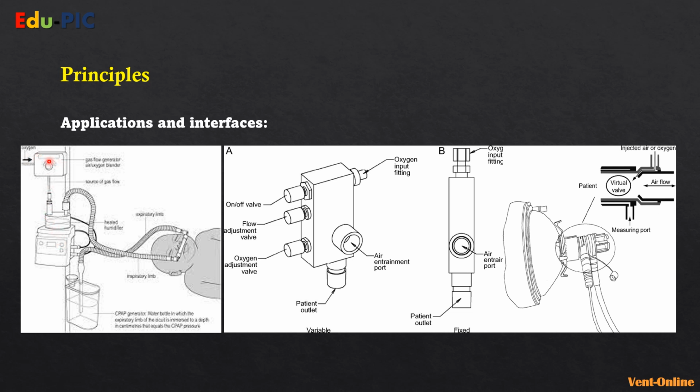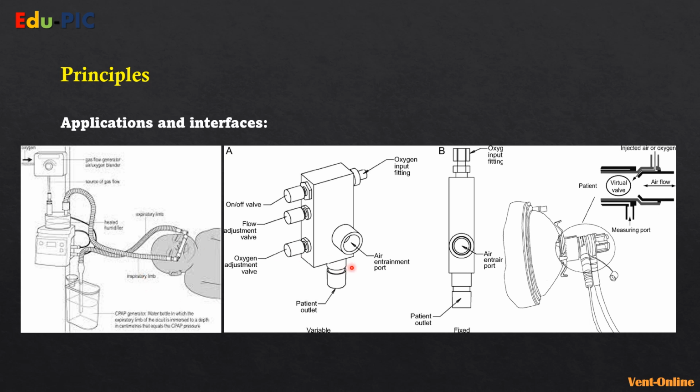So that oxygen blender basically gets a set amount of oxygen with set flow, goes into the humidifier, delivers humidified oxygen, and against expiration, against breathing out, you keep a pressure by having the water chamber not allowing for the air to go out without having some pressure against it. And that is how basically bubble CPAP is all designed.